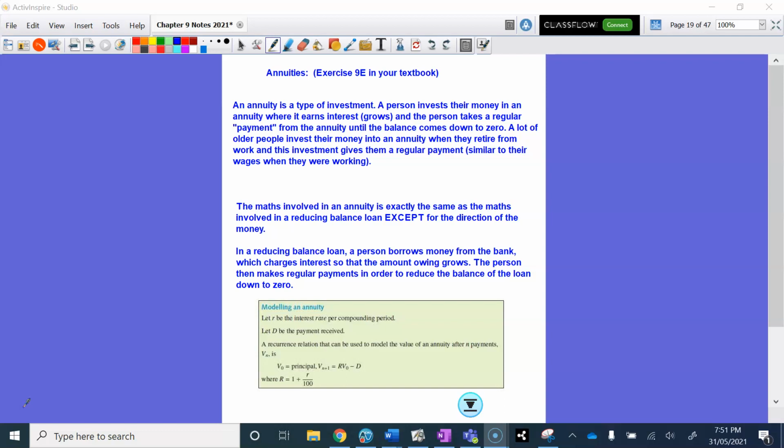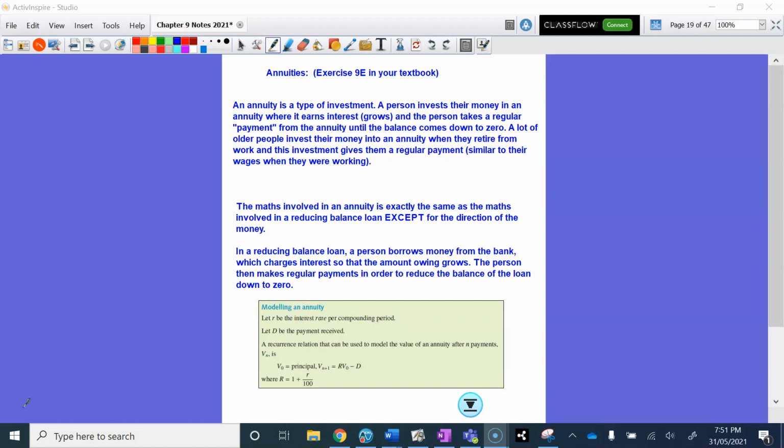Okay, so if you'll remember back to the start of the chapter where we started talking about reducing balance loans, that is where a person would borrow a lump sum of money from the bank, and the bank then charges interest on that amount, so that the amount owing actually grows bigger, and then the person makes payments back to the bank in order to reduce the balance down to zero.